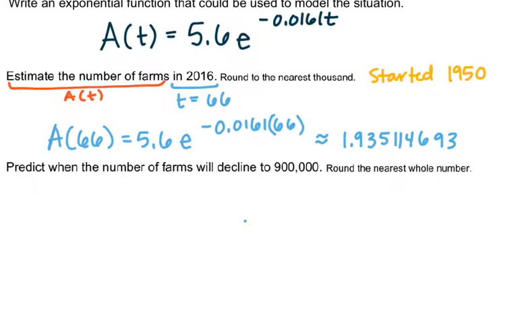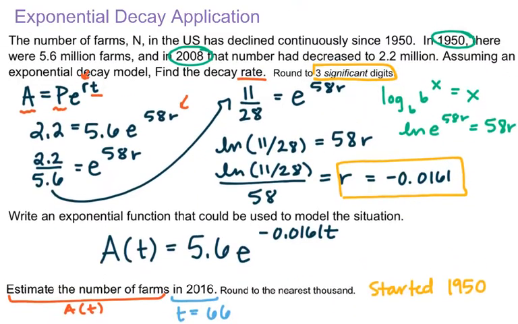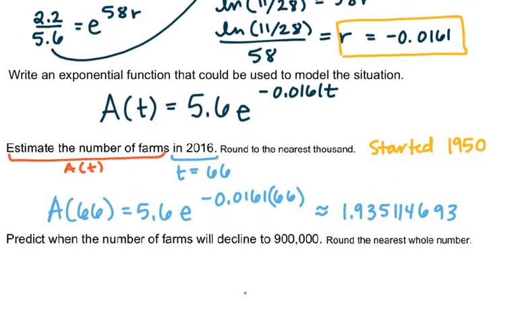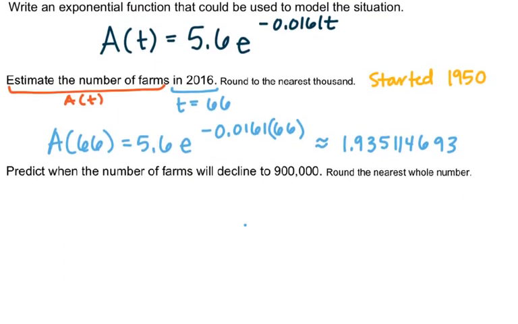So does that mean in 2016 there were 1.9 farms? That doesn't make any sense. Let's go back up and reread our problem. You want to notice that when we talk about our numbers of farms, they are in millions. And I didn't use that million value in my problem. So, in order to interpret this answer as how many farms, we need to take this number and multiply it times 1 million.